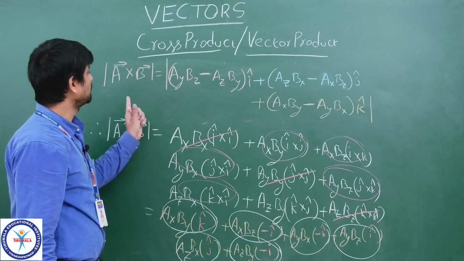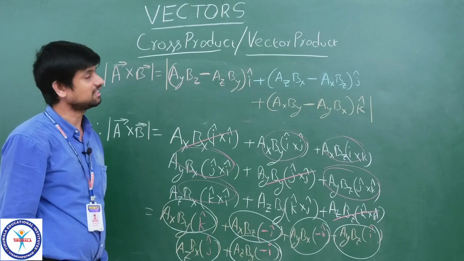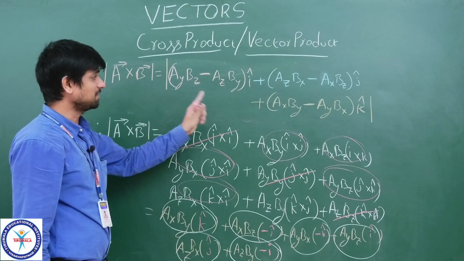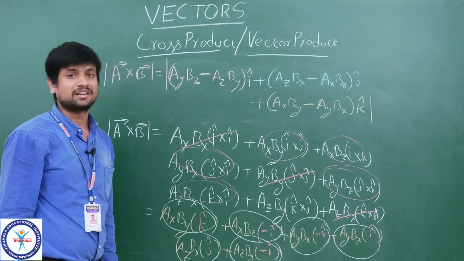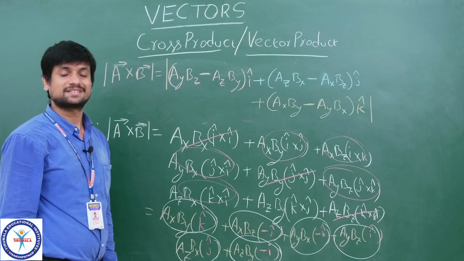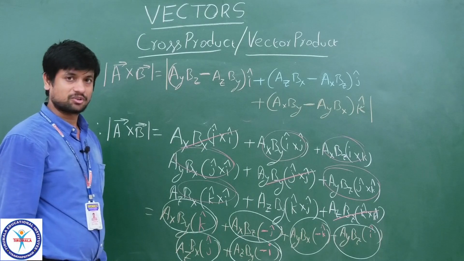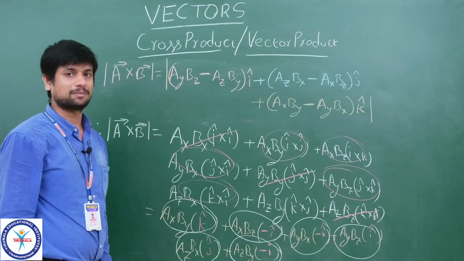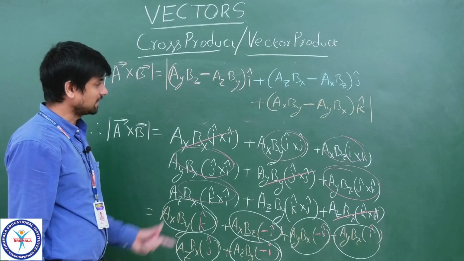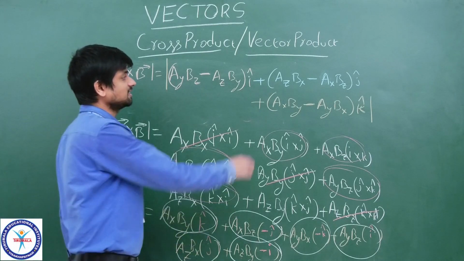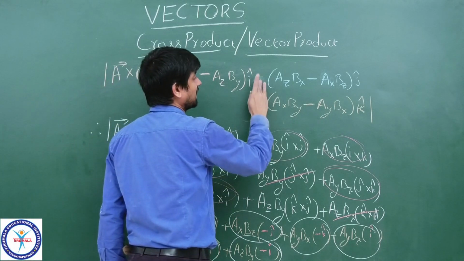So, in this way you can obtain the magnitude of any vector. This can be obtained even in the determinant manner also, or Sarrus method also you can apply. Sarrus method, matrix method, or cofactor determinant method also you can apply. But mostly this is being shown with minus.